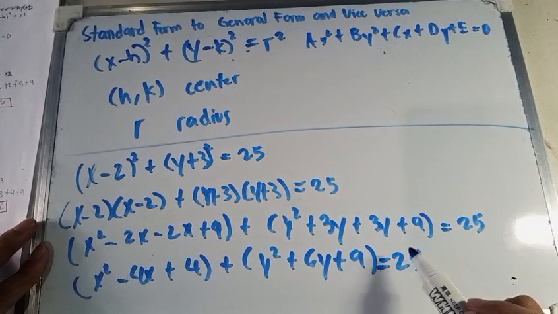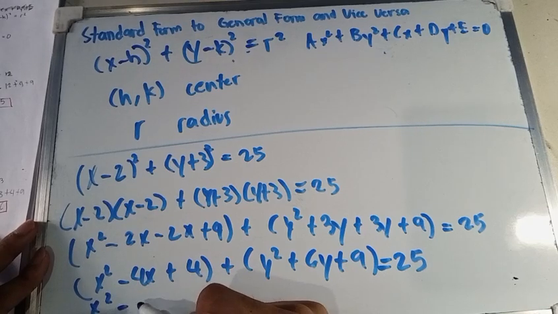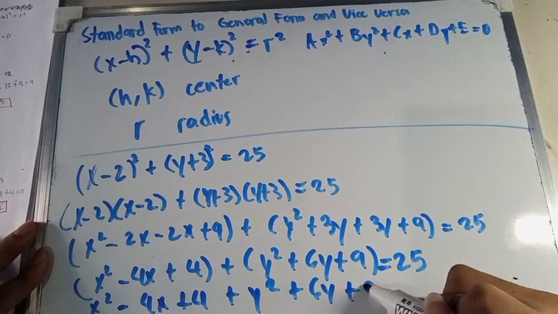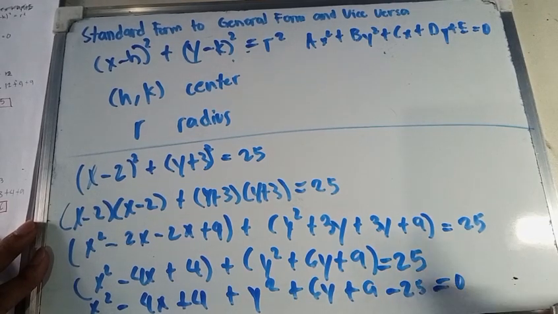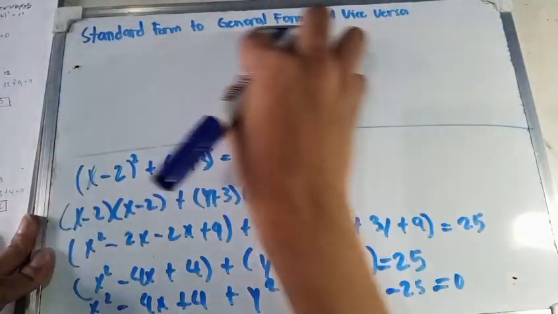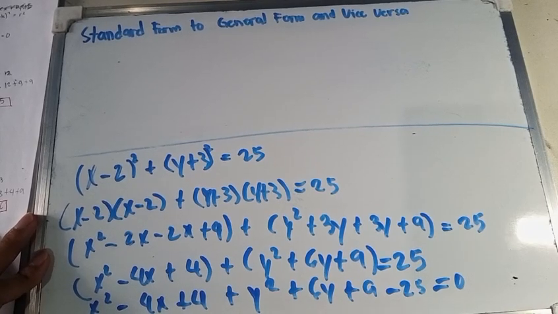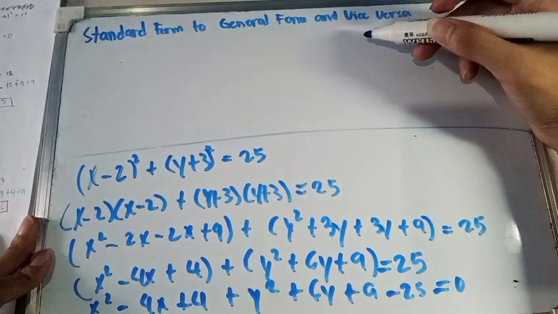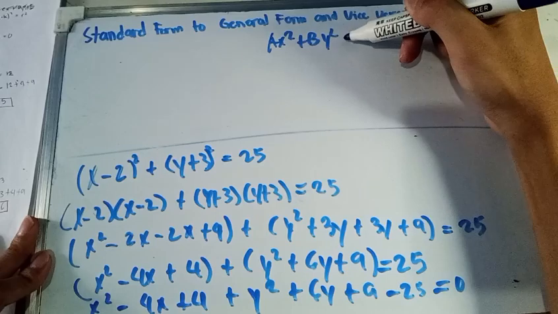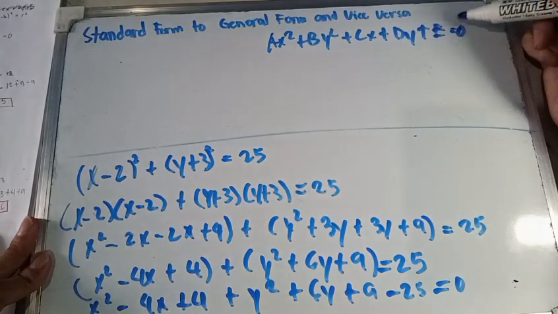So, transpose 25 so that it equates to 0. So, x squared minus 4x plus 4 plus y squared plus 6y plus 9 minus 25 equals 0. The next thing that we need to do is to arrange this into the form of ax squared plus by squared plus cx plus dy plus e equals 0.